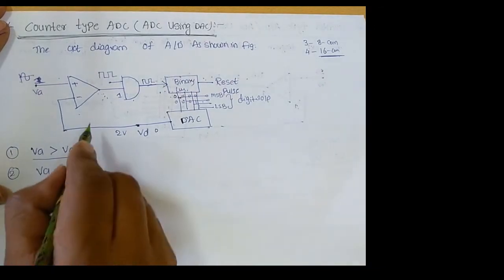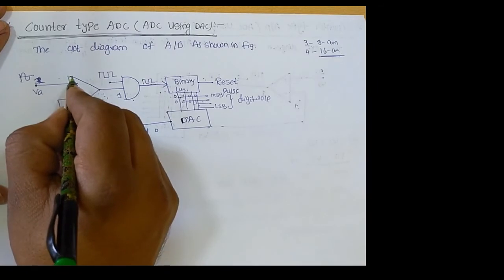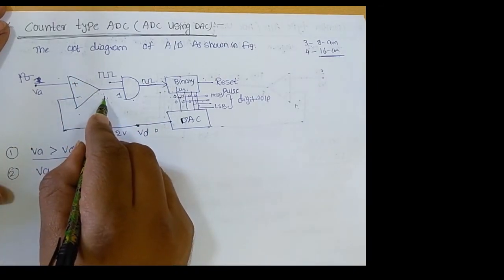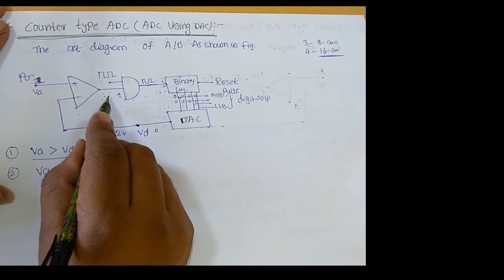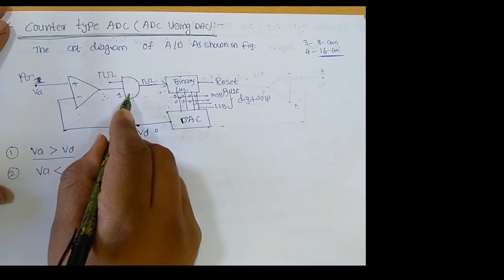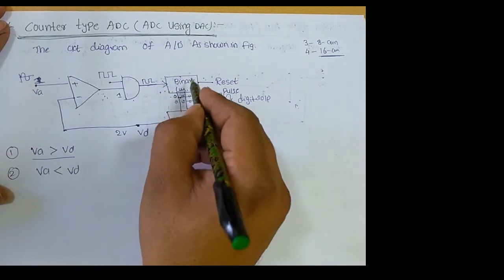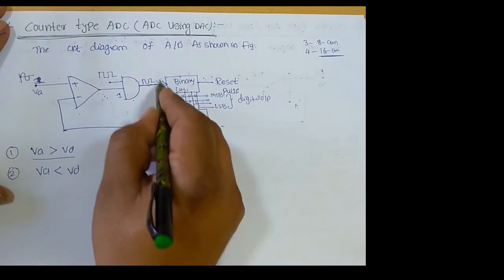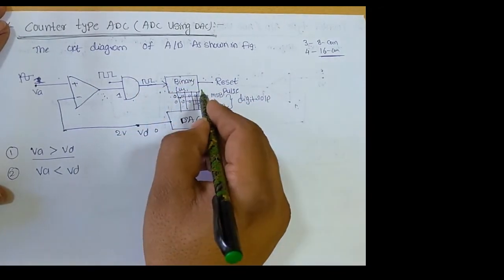At that time this comparator compares the inverting voltage to the non-inverting voltage and provides the negative saturation voltage, and that negative saturation voltage we are assuming as logic 0. So with respect to this logic 0 this AND gate is not providing any clock pulses. So here the binary counter stops counting these clocks because the clock pulse equals 0. Therefore the binary counter stops counting.